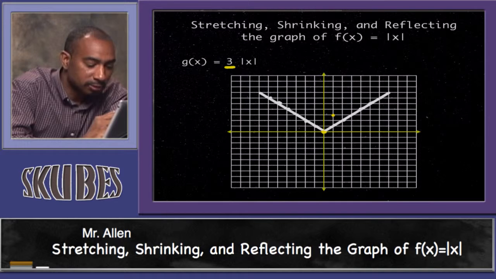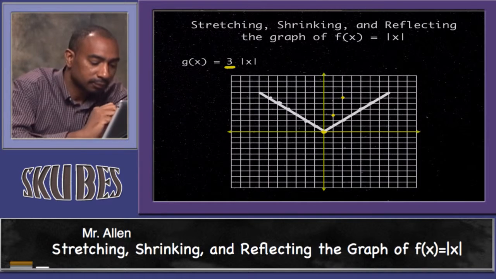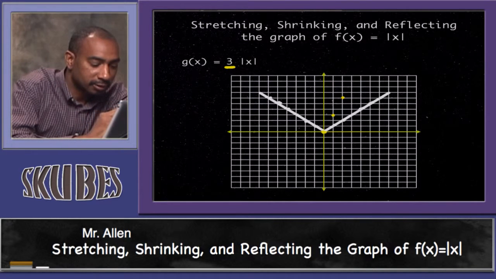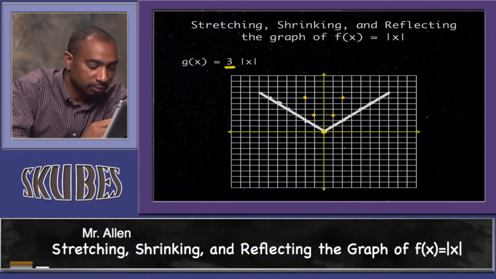When x is 2, we get 6, so we go 1, 2, 3, 4, 5, 6. And when x is -1, we still get 3, and when x is -2, we get 6. All right, so the new graph is going to look like this.